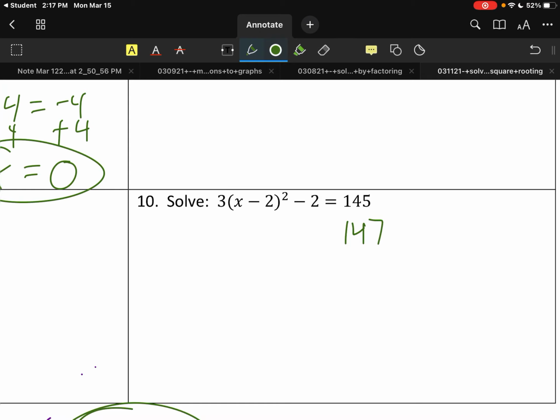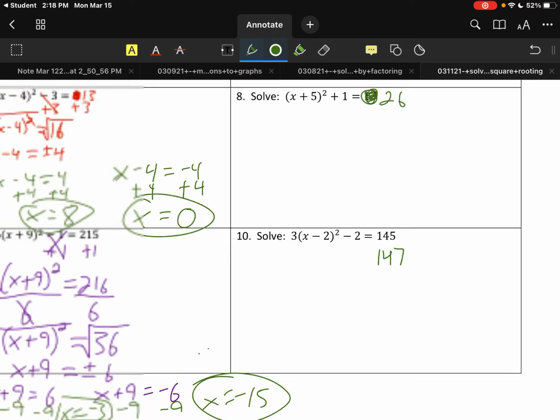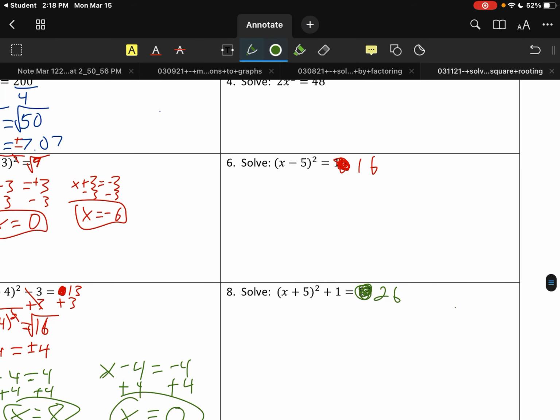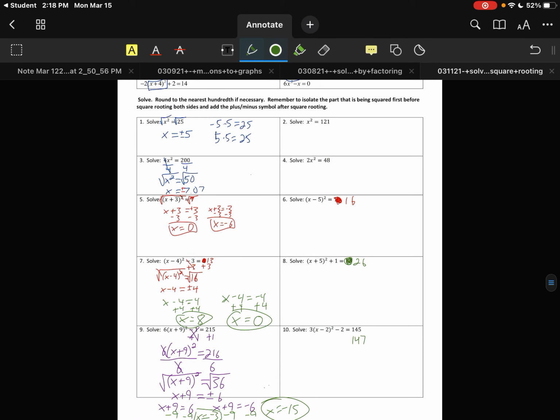Divided by 3, which is 40, not 44. 49. Oh, perfect. Yeah, 49. So that should be fine. Okay. So yeah, make sure you change those right there, number 6 and 8. If you have any questions, let me know.